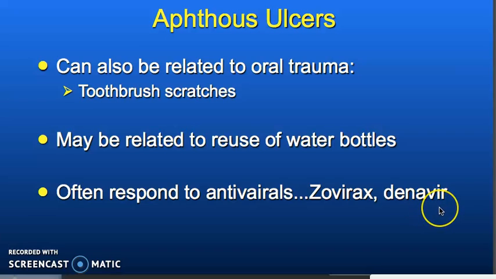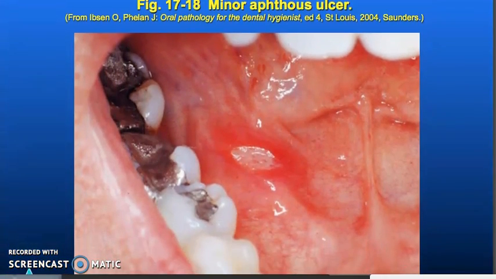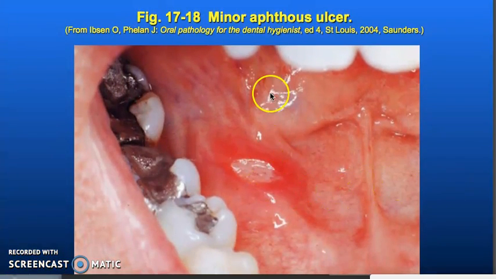The Denavir is very popular right now. The aphthous ulcers can be, again, in the mouth or on the lips. And this is what you're looking at. This is a minor aphthous ulcer. If you notice, this is a white area, with a huge red area of inflammation around it.